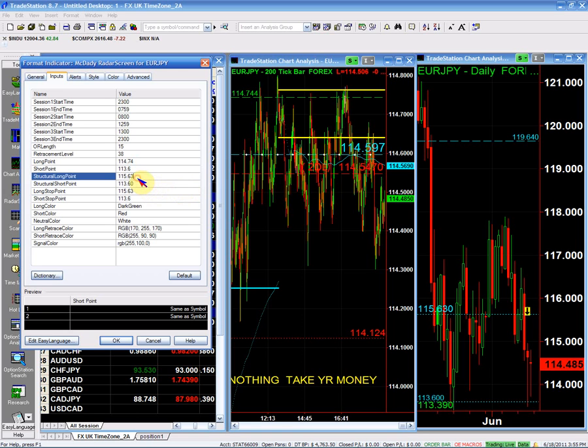If I buy it right there, I would place my stop right here below the final move to the downside, which would be 114.30. So I'm risking about 40 pips on that trade.